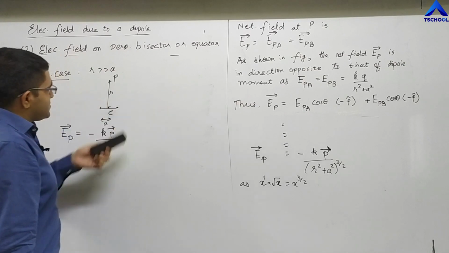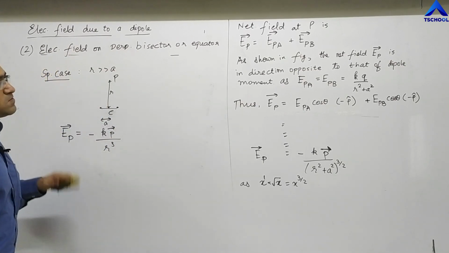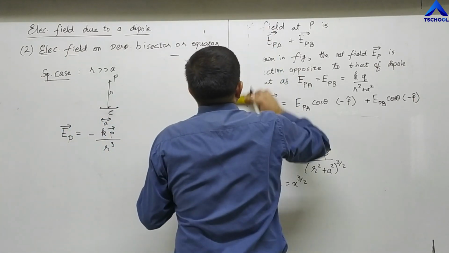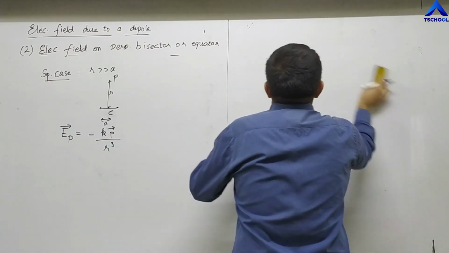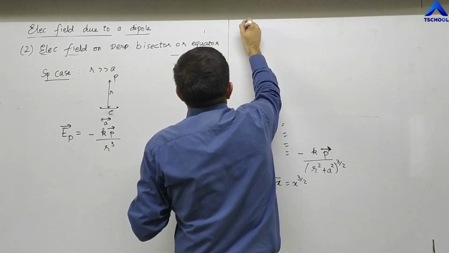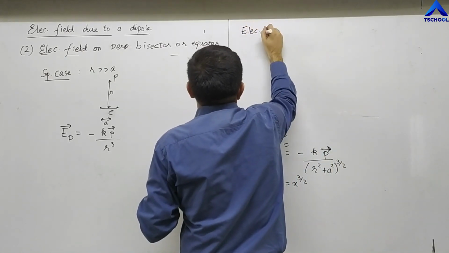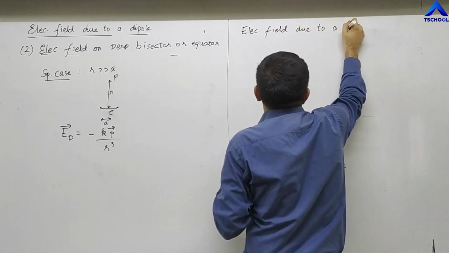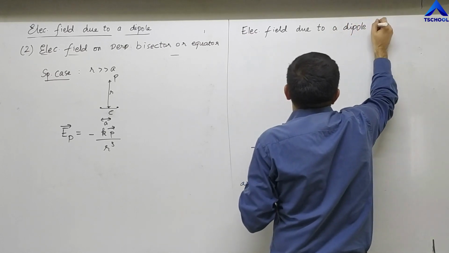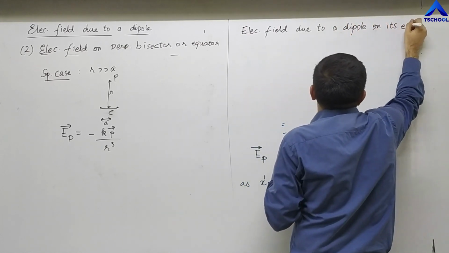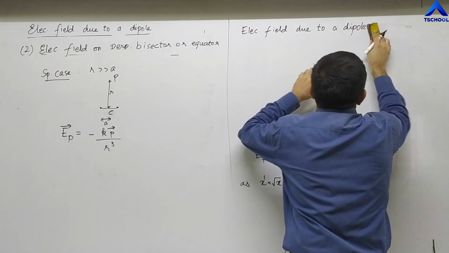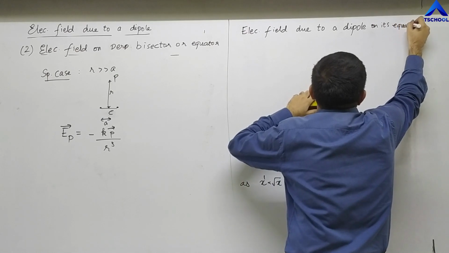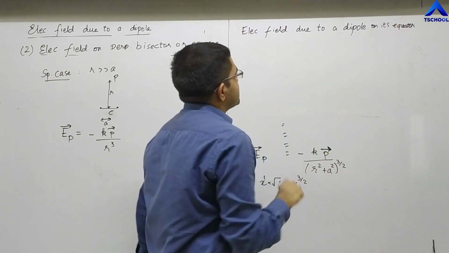Okay, so that's what we have, and now again to summarize all of this, I am going to let you write it properly. So here we go. Remember this: electric field due to a dipole, obviously electric dipole, on its equator or perpendicular bisector, right?